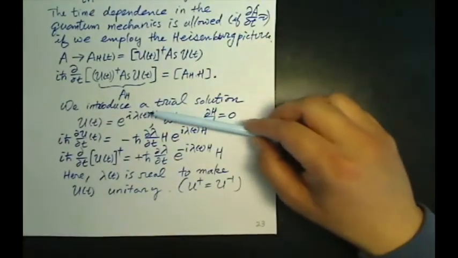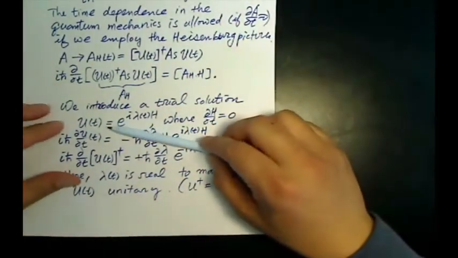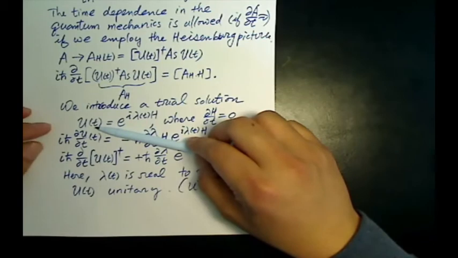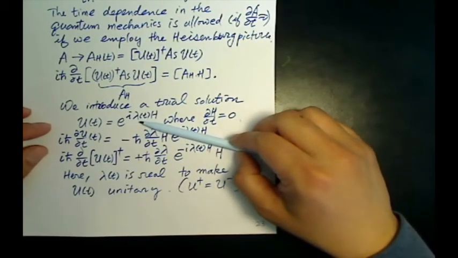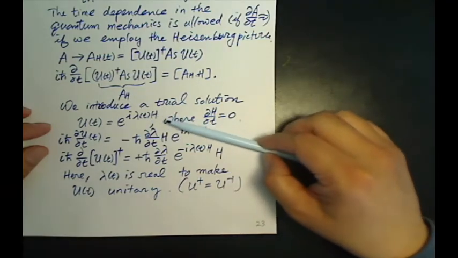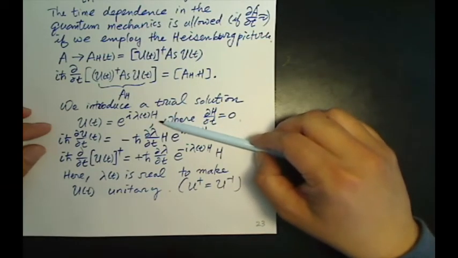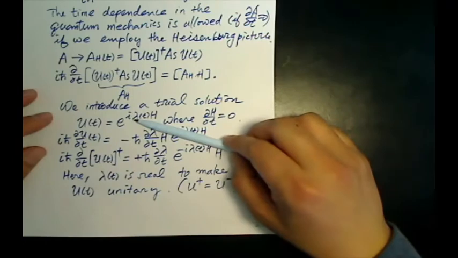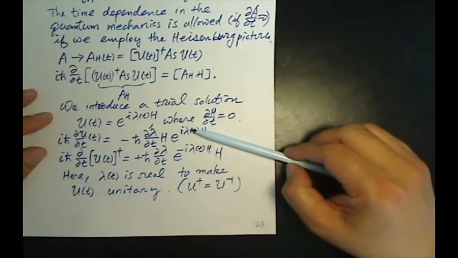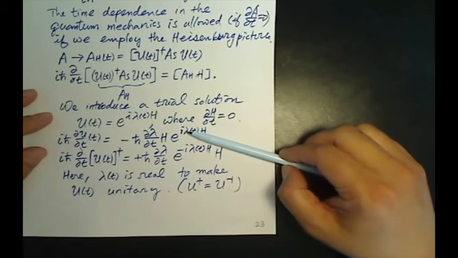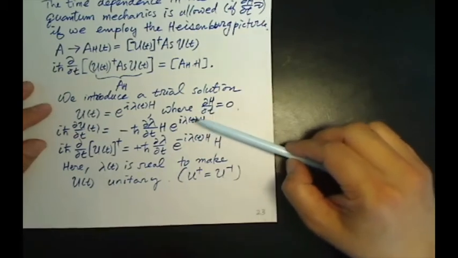So we introduce a trial solution. Because U is unitary, it should be of the form exponential of i times a real parameter times a Hermitian operator. That is a Hamiltonian. We also have stated that we do not have any explicit time dependence in the Hamiltonian.